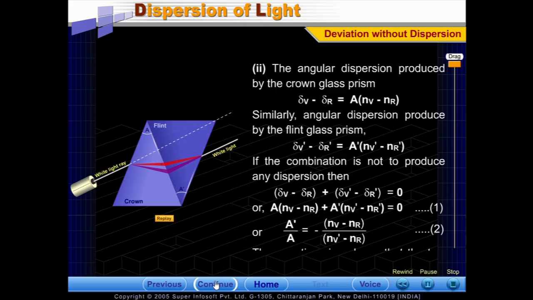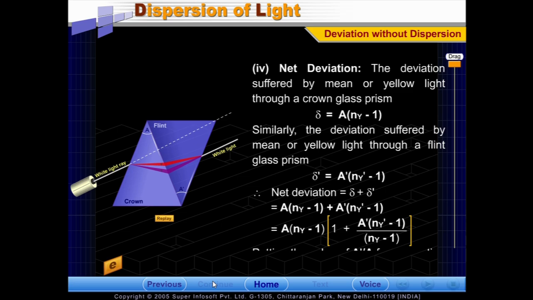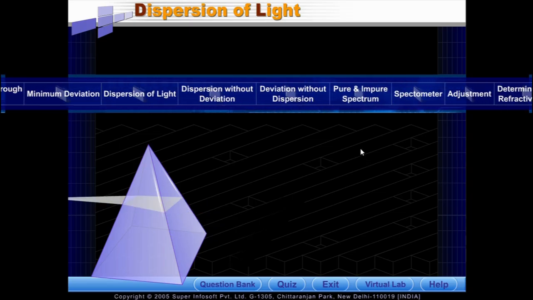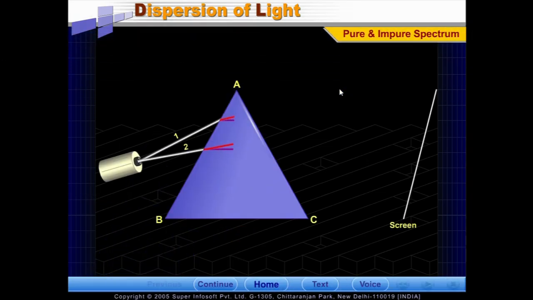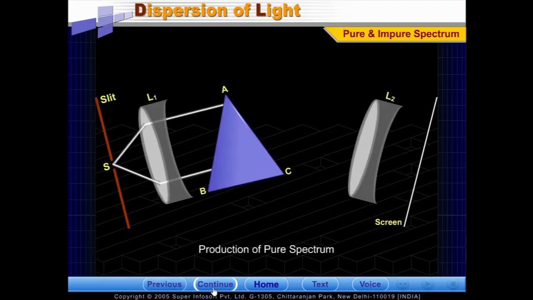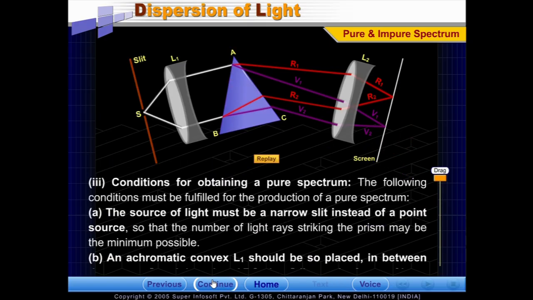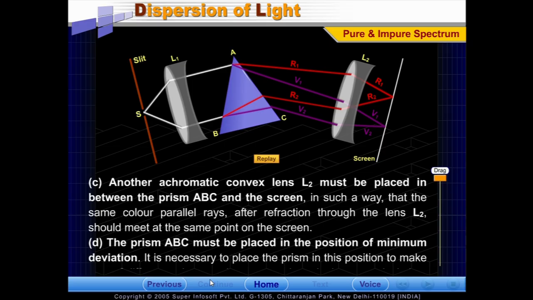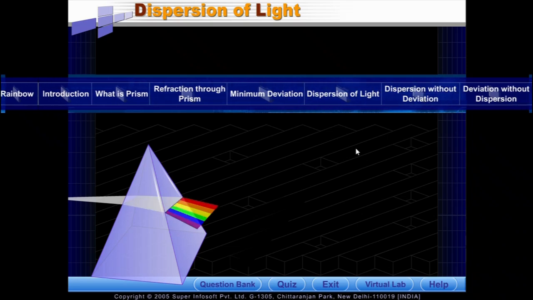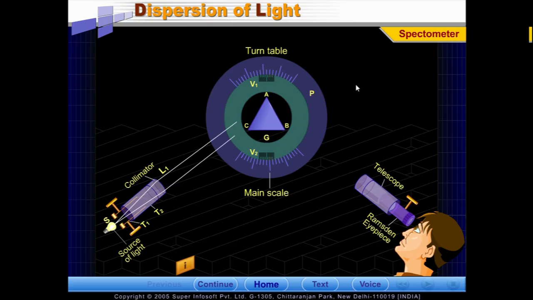The angular dispersion produced by the crown glass prism is pure and impure spectrum. Spectrometer.